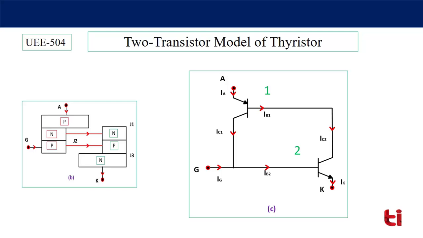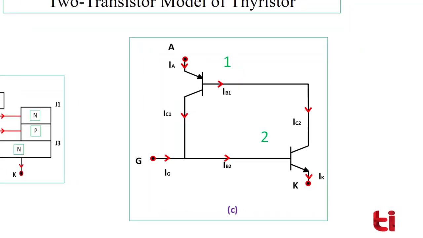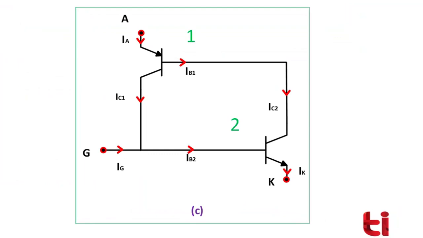One is a PNP transistor, the second is an NPN transistor. In the PNP transistor, current enters across the emitter junction, and in the NPN transistor, current comes out from the emitter junction. For transistor number 1, anode current is the emitter current. For transistor number 2, cathode current is the emitter current.